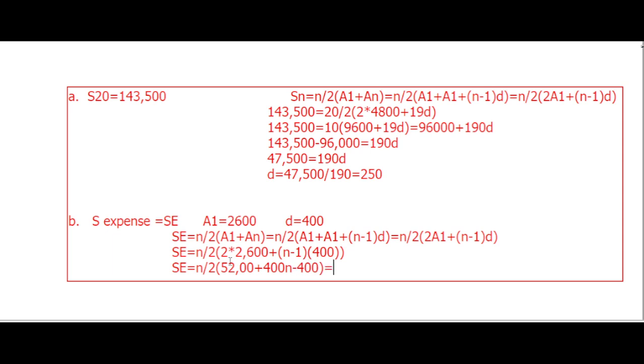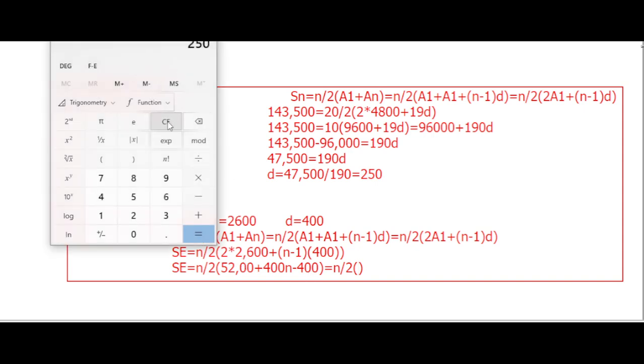This is equal to n over 2 times (400n plus 5,200 minus 400), let's subtract it, which is equal to 4,800.